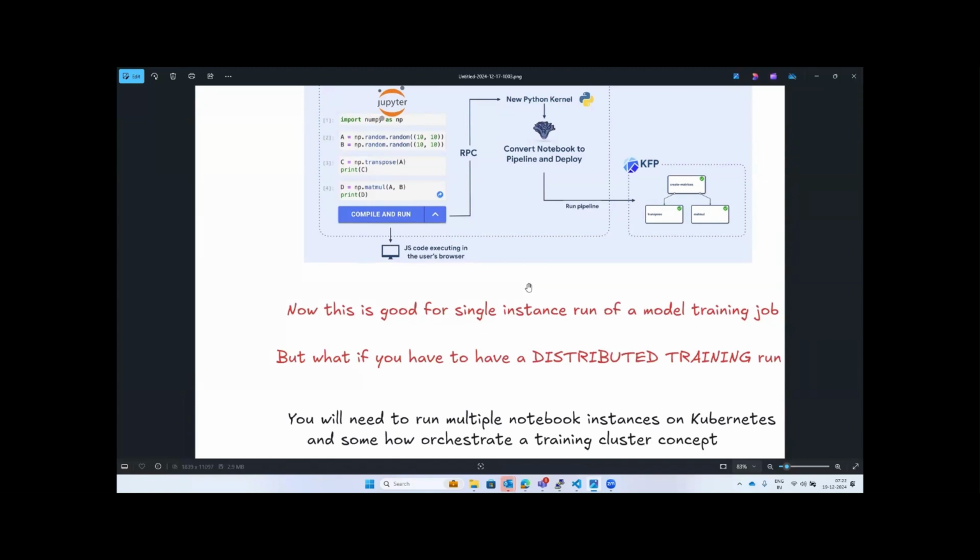When I say a cluster, it's not a Kubernetes cluster we are talking about. It could be a TensorFlow / PyTorch training cluster, which includes 40 GPU nodes, which means 40 Jupyter notebooks. But then you will have to orchestrate that when they are basically replicas of the same code, but executing part of the code in their own individual realm.